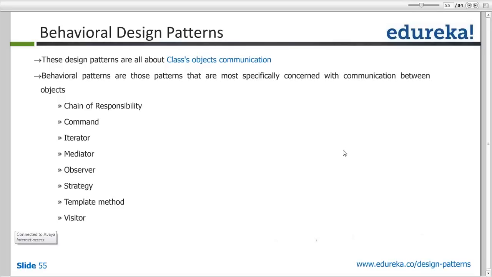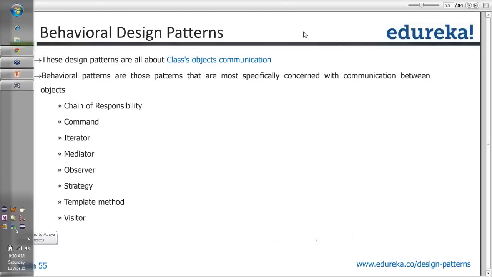So we will be looking at chain of responsibility, command, iterator, mediator, observer, strategy, and what perhaps Chirag already knows, template method, and a visitor pattern. Now I'll also tell you, the more we go into the next level of design pattern, the complexity grows a bit.